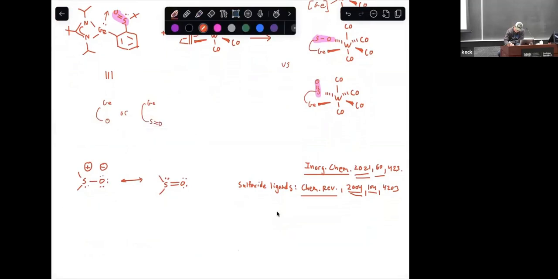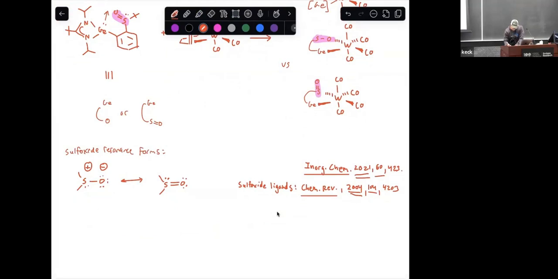This has nothing to do at this point with coordination chemistry, but you know that sulfoxides have these two predominant resonance forms, and there's been a lot of physical organic work and computational work.